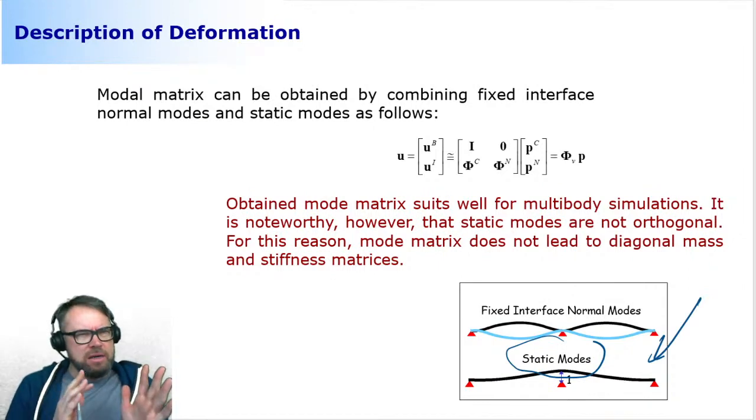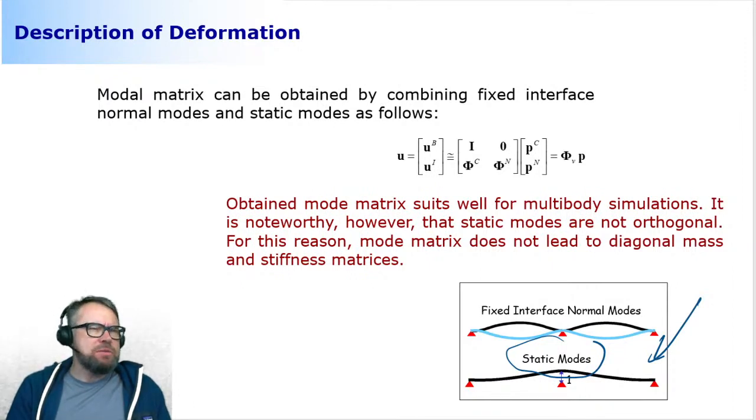Remember, the definition of orthogonality is that the modes are independent with respect to each other. That's going to be hard to do if you have displacement. In the general case, you cannot get orthogonal modes when you're introducing unit displacement.